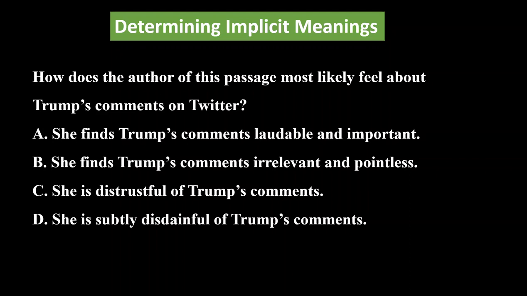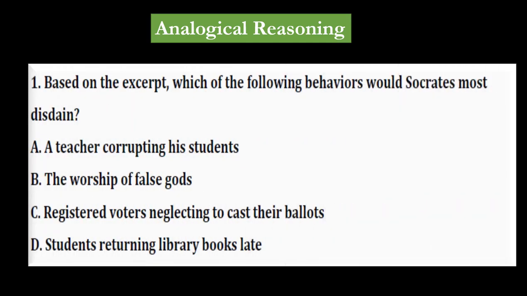Another skill which is to be evaluated in the reading section is analogical reasoning. By analogical reasoning, we mean that the reader has to make a comparison or a relationship between the ideas in the text. For example, let's see the question.